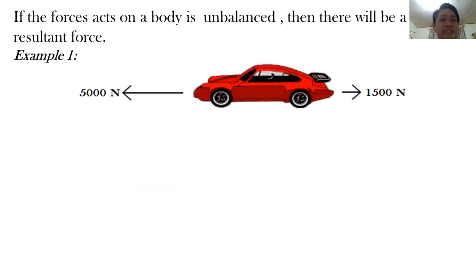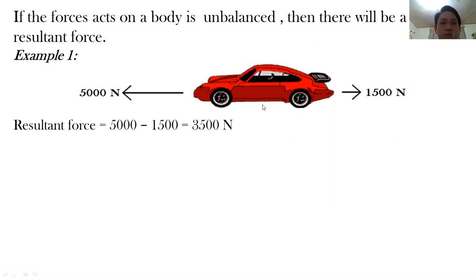So let's have an example. 5,000 Newton for the forward force and 1,500 Newton going to the right, which is the backward force. So what will happen in here? To solve, of course, the resultant force is now equal to 5,000 minus 1,500, and that gives us 3,500 Newton.